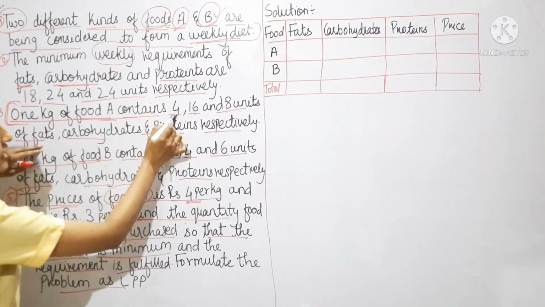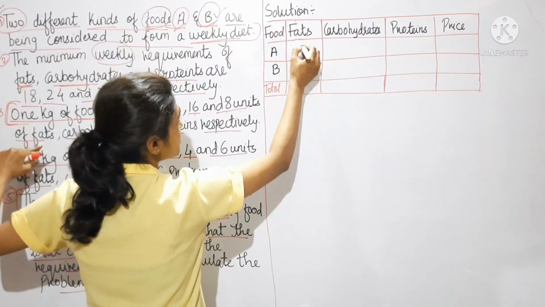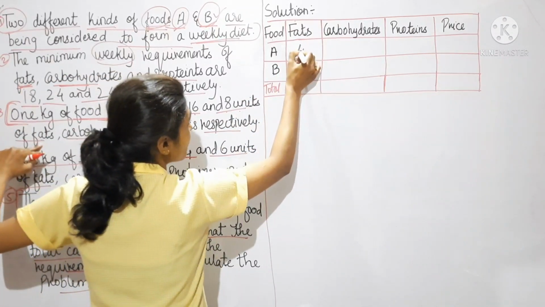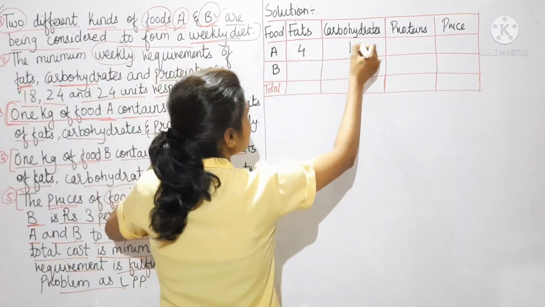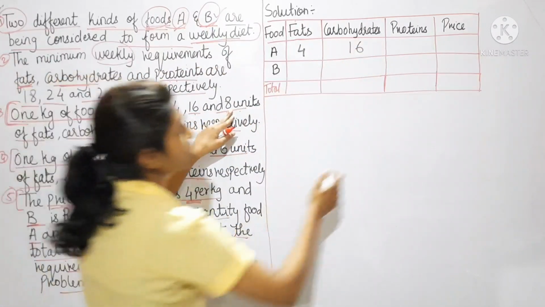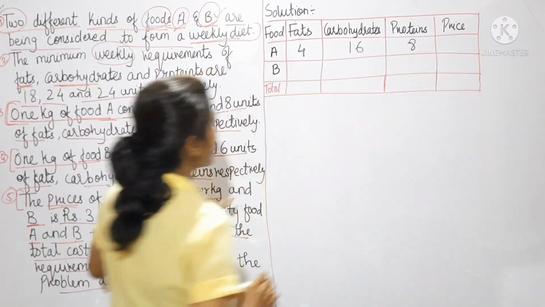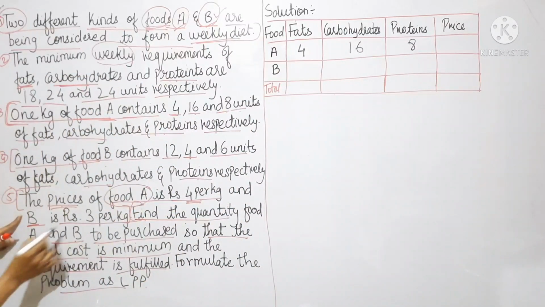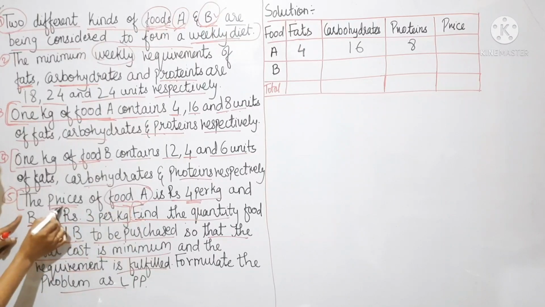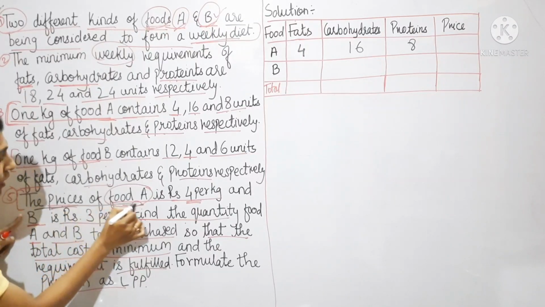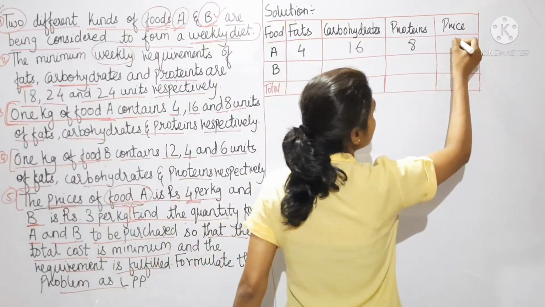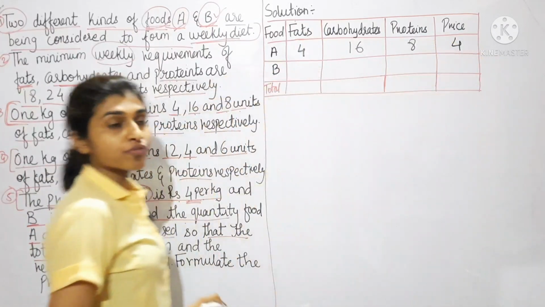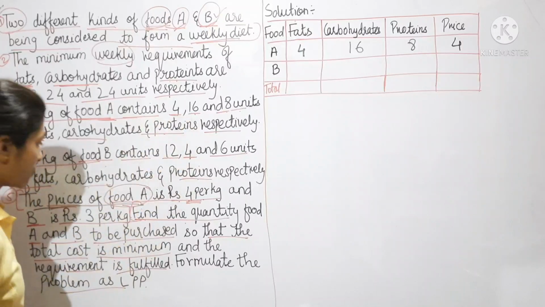It contains 4 units of fats. So write 4 units of fats, then 16 units of carbohydrates, 8 units of protein. And the price of food A is how much? The price of food A is rupees 4 per kg. So write the price of food A as 4.